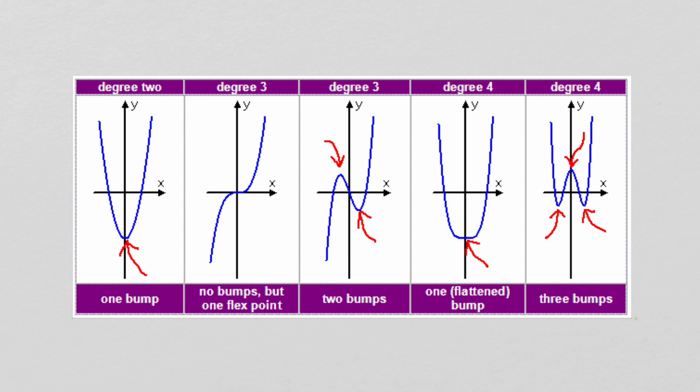And a degree 4 is following that even idea, so degree 2 or x squared is a parabola. So the degree 4 is going to be some sort of parabola. It may not look the same. It could have one flattened bump, like the parabola, or it could have 3 bumps.